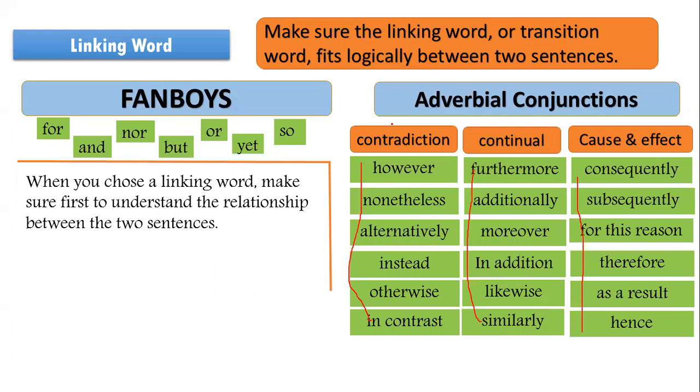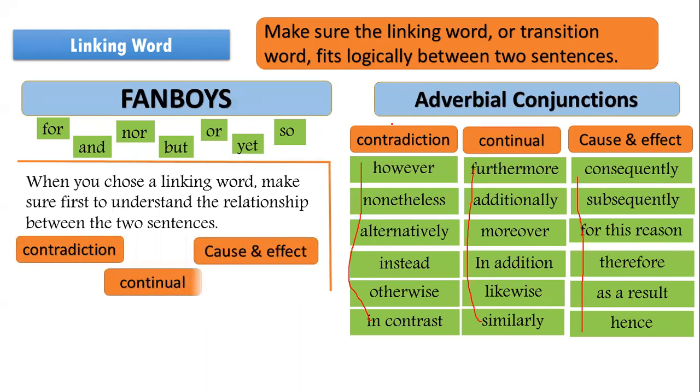There are two main things you have to consider while picking the correct linking word or transition word. When you choose a linking word, make sure first to understand the relationship between the two sentences. What do I mean by relationship? Do these sentences have the relationship of contradiction, cause and effect, or continuum? That's the first thing.